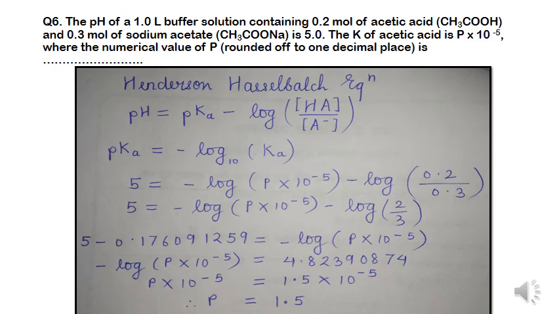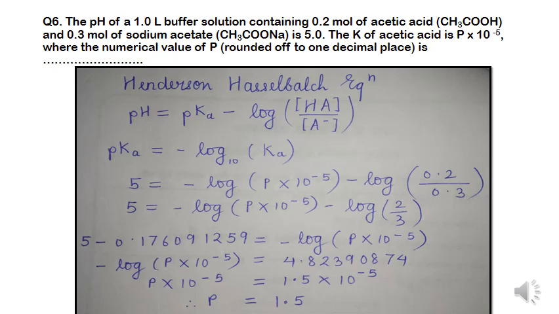You have to find out the pKa. pKa is just the minus log of Ka, the dissociation constant, to the base 10. So put the values in the Henderson-Hasselbalch equation for the acid. Your acid is acetic acid, which is 0.2 molar, because there are 0.2 moles of the acid in 1 liter.